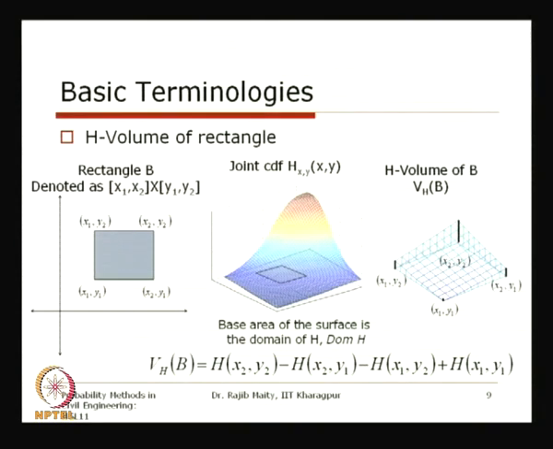Basically, what does the ordinate at (x2, y2) mean? If this is a joint CDF, that is the cumulative distribution function, then this ordinate is nothing but the total volume covered by the PDF, the probability density function, up to this point.